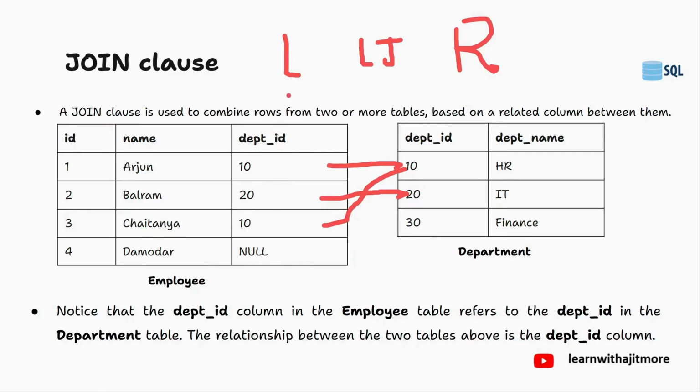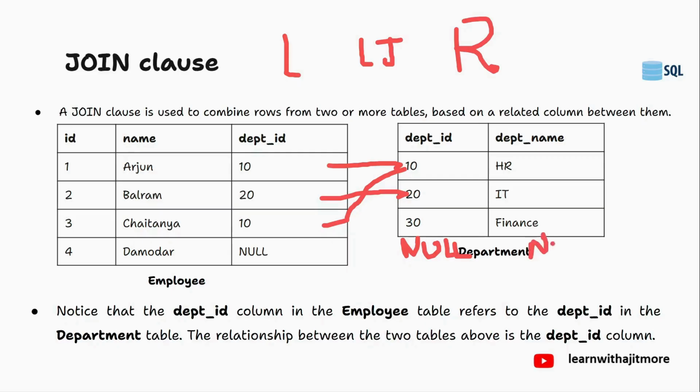As I said, now all the records of left are sure going to come. From right, which records? Those which are having common value. Okay, or those which are having a value same between both the column. That is going to come. But the left record, which is not having any matching value, there you will get null for the right columns.